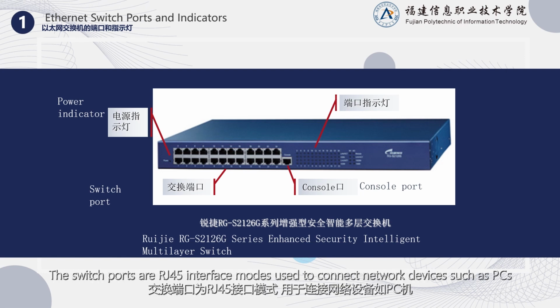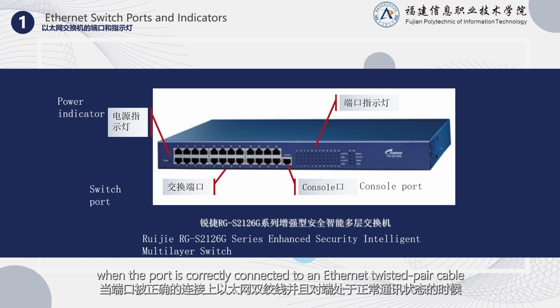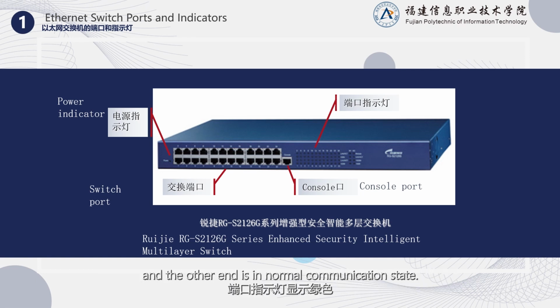The switch ports are RJ45 interface modes used to connect network devices such as PCs, switches, and routers. The port indicator lights show green when the port is correctly connected to an Ethernet twisted pair cable and the other end is in normal communication state. When data is being transmitted, the green light will blink.